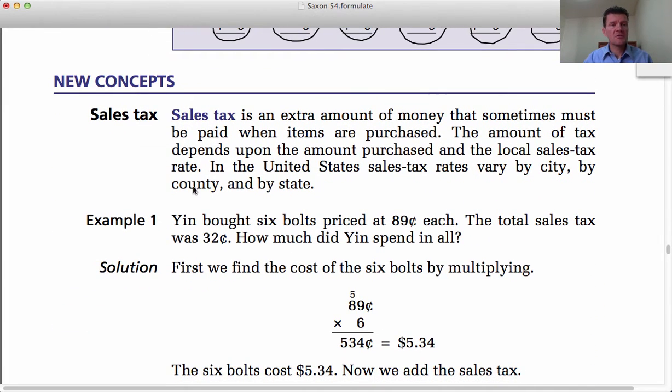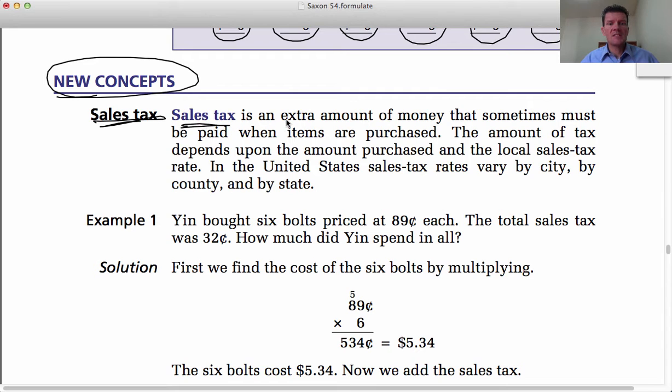Okay, let's jump into today's new concept, and we're talking about sales tax. Basically, when you purchase something, many times there is a tax, and that tax money goes to some government entity. It goes to maybe a local government in your city, or maybe the federal government. You have some type of tax usually added on to the purchase price of some item.